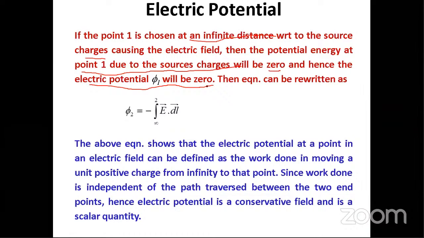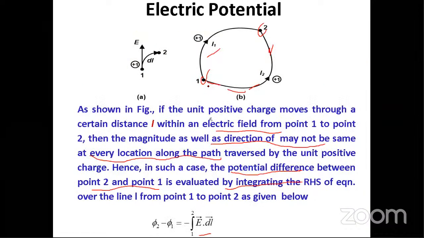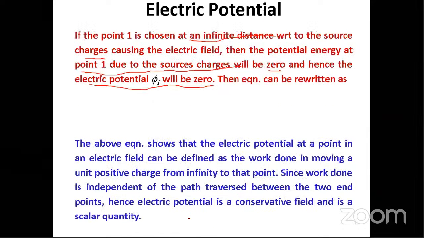If you consider point 1 at infinite distance, then the potential of that point is equal to 0. Now in the previous equation, if you replace phi1 with 0, your limit will be from infinity to 2. So you can write the equation in this form: phi2 is equal to minus integral from infinity of E dl.